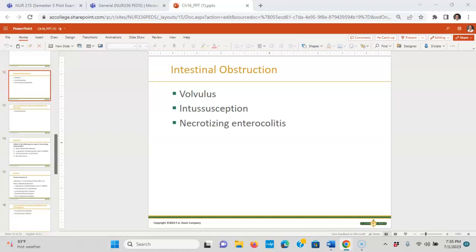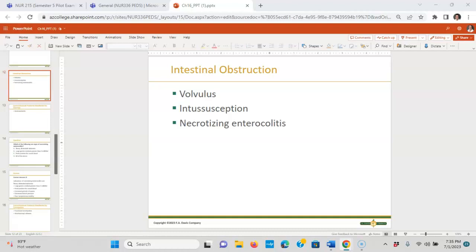So you're going to keep this child NPO, rest the GI tract, maintain IV therapy. We are definitely going to give this kid total parenteral nutrition, TPN. Here's a caveat with that. TPN, we find in babies, especially in the NICU, tends to also lead to liver failure.